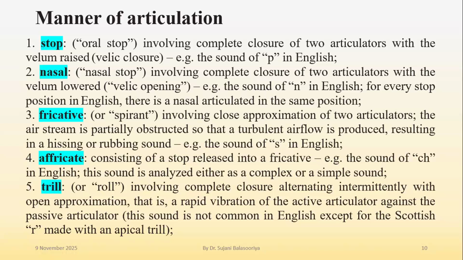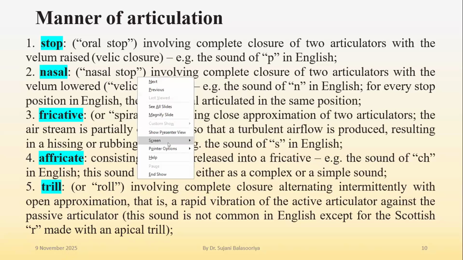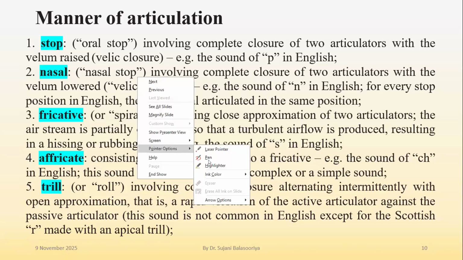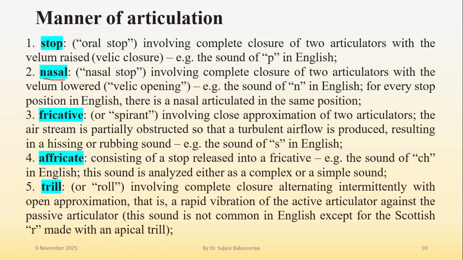Back to manner of articulation. I was talking only about stops, the first category. And I will move on to the next category, nasal consonants. That is easy, in the sense that from the word itself you can understand what's happening here. Nasal stop consonants. Here also, we completely block the airstream that comes from the lungs and enters the vocal tract.